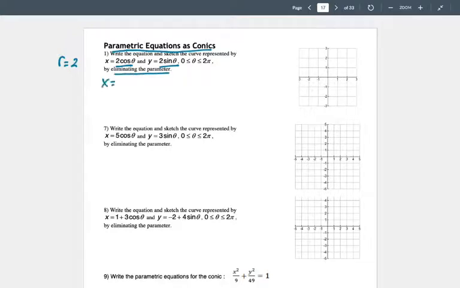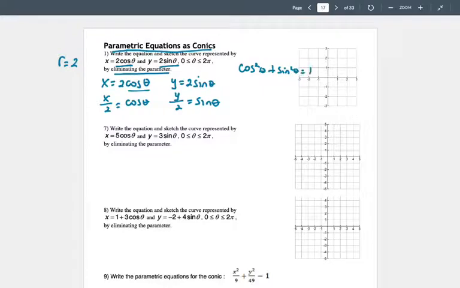So I have that first equation, x equals 2 cosine theta. I'm going to isolate this by dividing by 2, so I'll get x over 2 equals cosine theta. On your other one, you had y equals 2 sine theta, and so you'll divide by 2 and get sine theta equals y over 2. And then you're going to remember your Pythagorean identity, cosine squared plus sine squared equals 1.